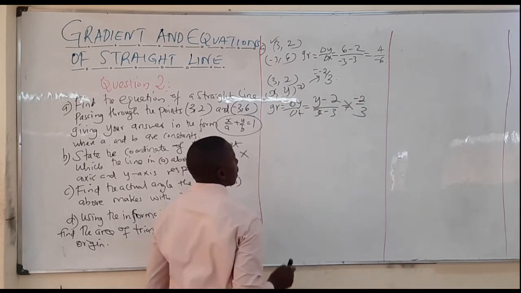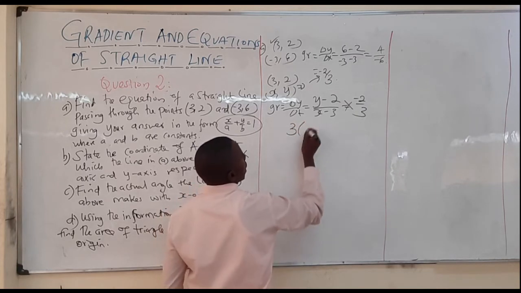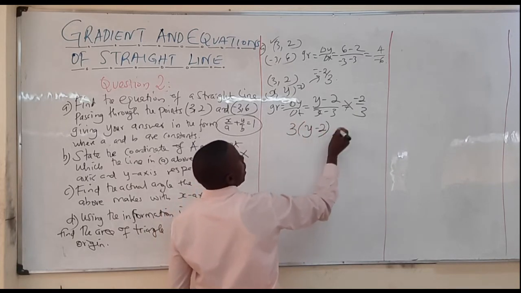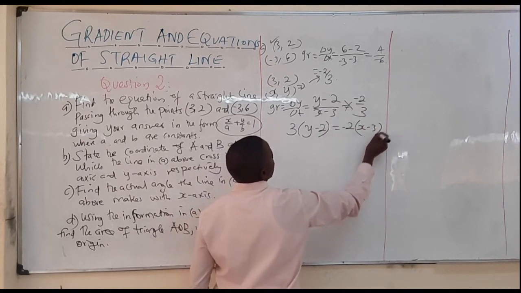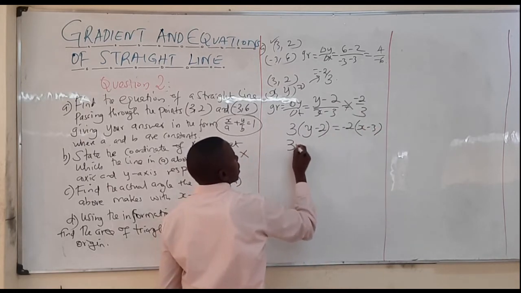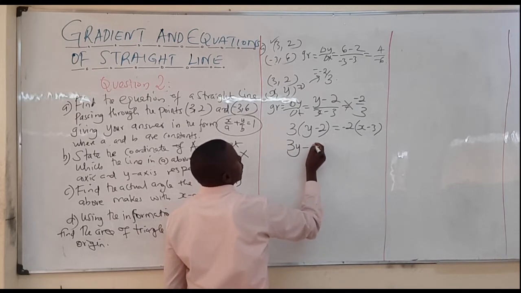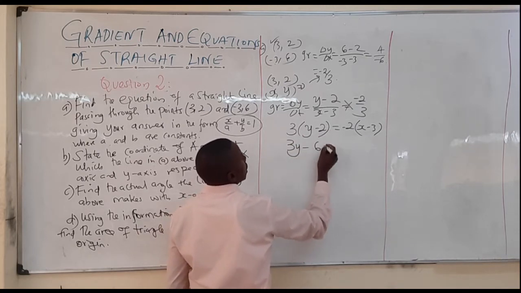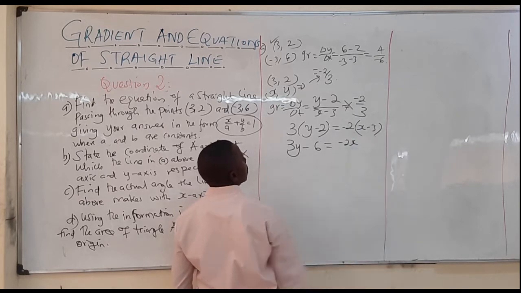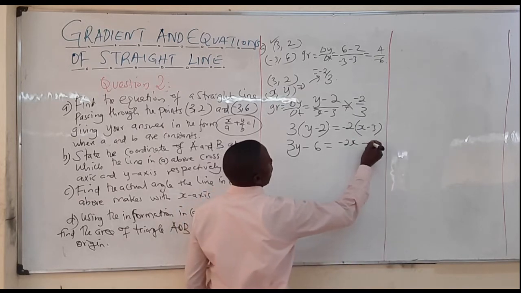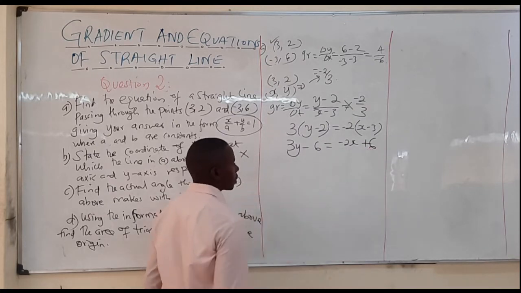You cross multiply, you get 3 into bracket y minus 2 equals minus 2 into x minus 3. And then 3y minus 3 times 2, 6, equals minus 2 times x, minus 2x, minus 2 times minus 3, you get plus 6.